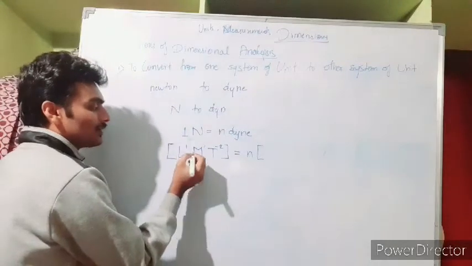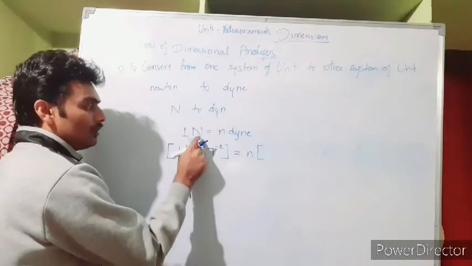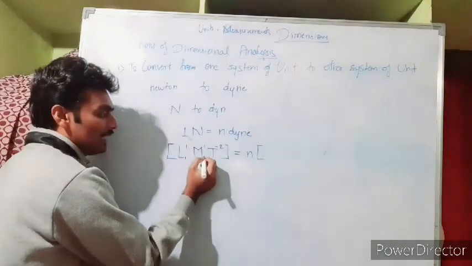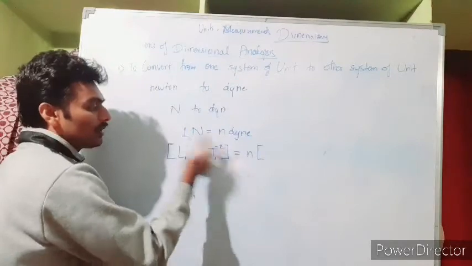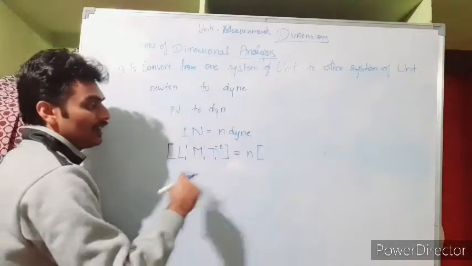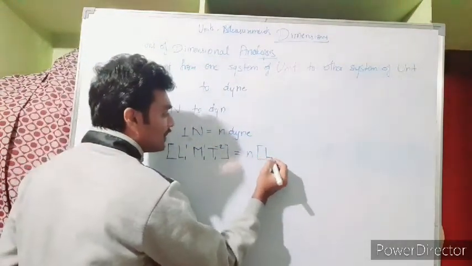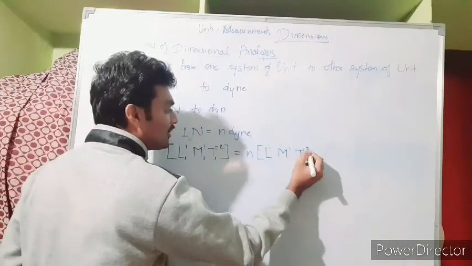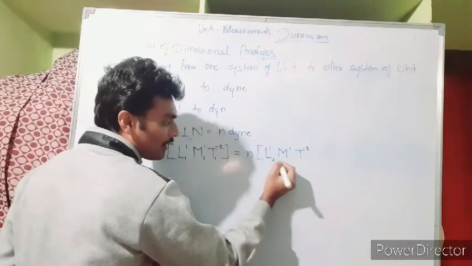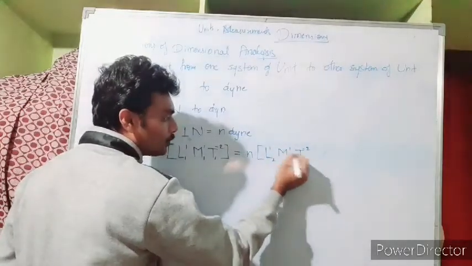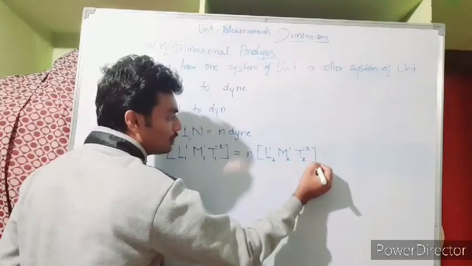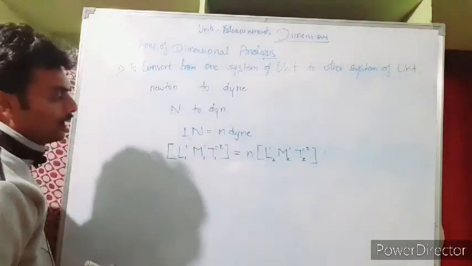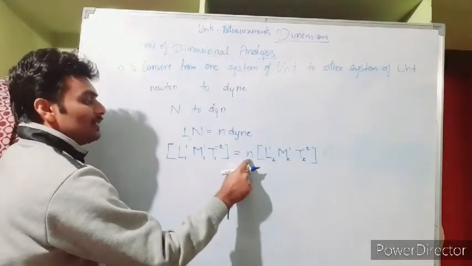Since this is one set of dimension for SI unit, I'll write them as L1 to the 1, m1 to the 1, t1 to the minus 2, because they belong to SI system. And these are again L1 m1 t minus 2, but since they belong to CGS system, I'll write them as L2 to the 1, m2 to the 1, t2 to the minus 2. Now what I need is this value of n.